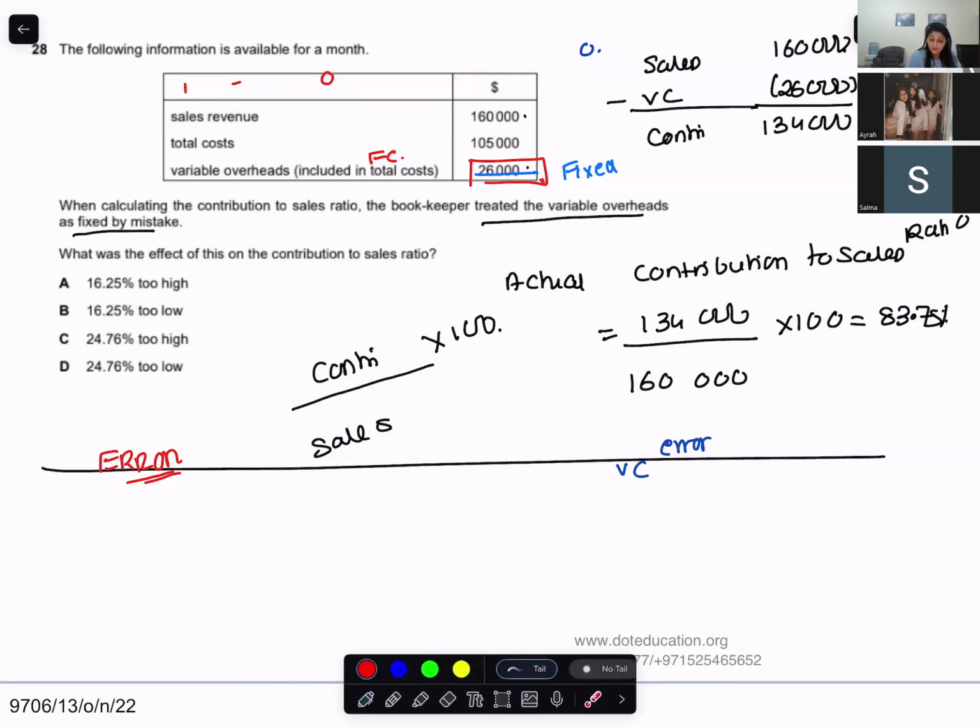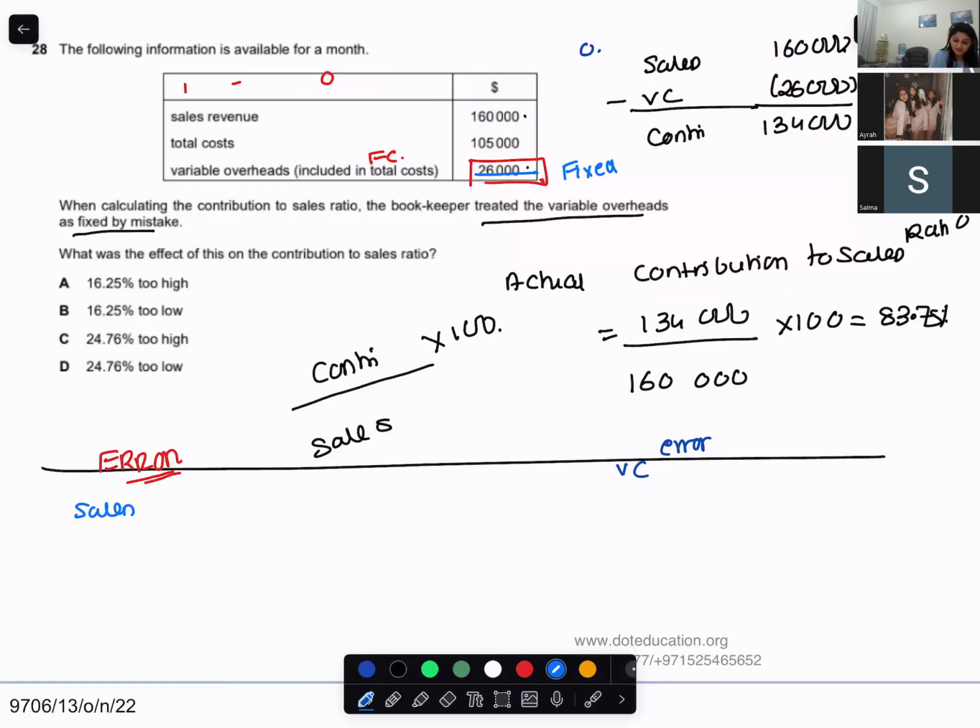So what happened is that we will first calculate our original contribution to sales ratio. So we say sales minus variable cost gives us contribution. So our actual contribution to sales ratio is 83.75. Now our bookkeeper has made an error.